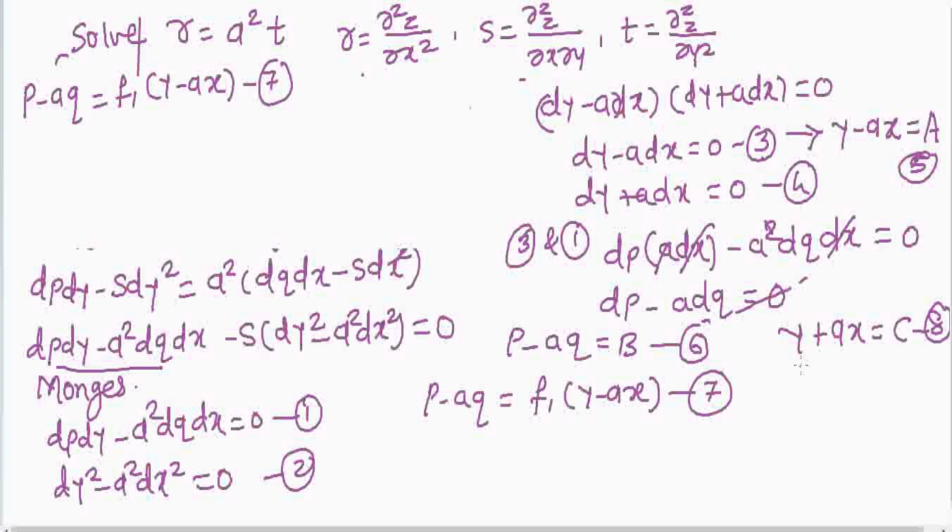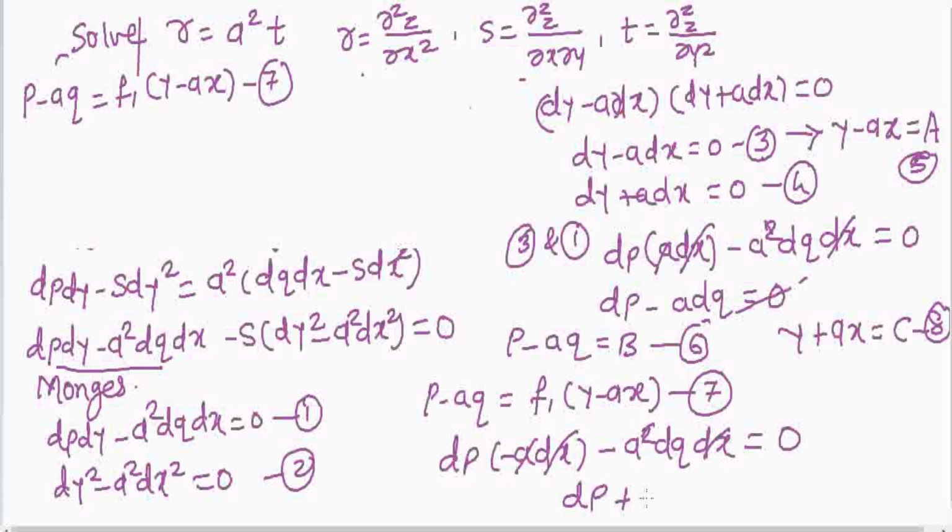Now substitute that value of dy in equation number 1: dp minus a into dx minus a square dq into dx is equal to 0. dx cancels, a square cancels, minus minus is plus, so all terms will be plus, and we have dp plus a into dq equal to 0.